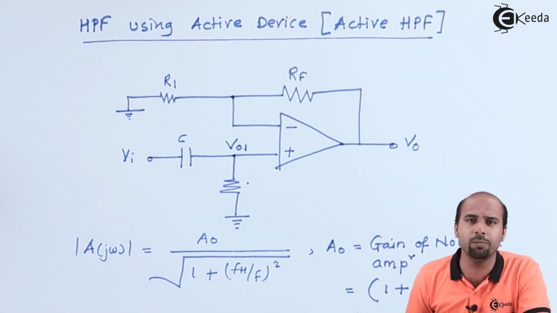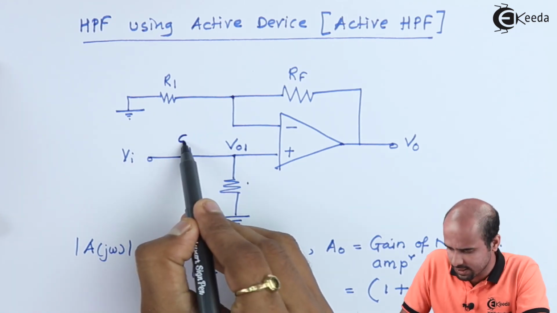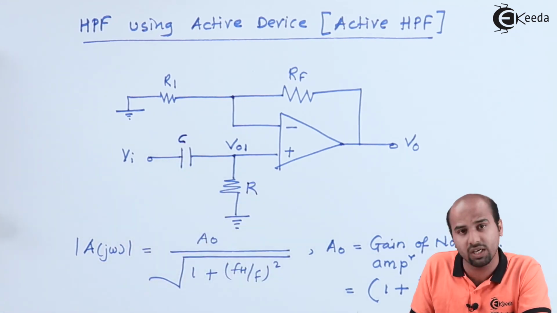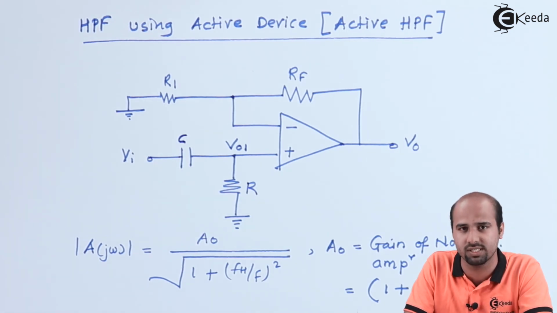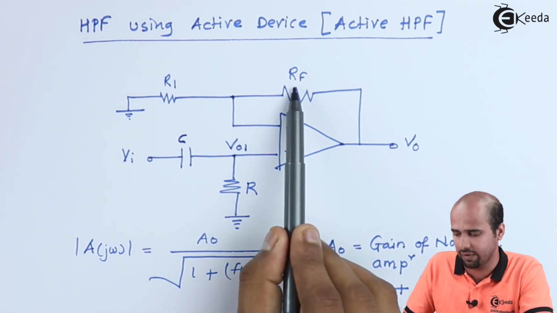As far as design perspective is concerned, we can easily determine the value of C and the value of R if the cutoff frequency is given. Once the cutoff frequency is given, one more requirement from the customer is how much maximum gain I want. That is decided by the ratio of RF and R1.